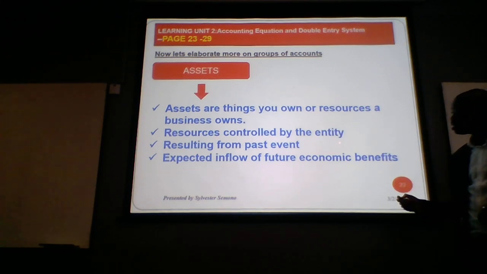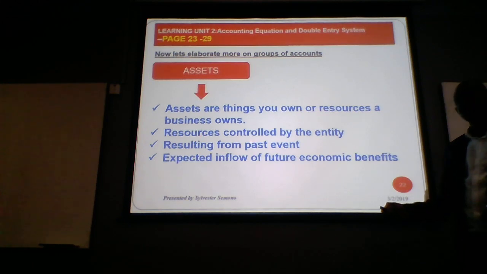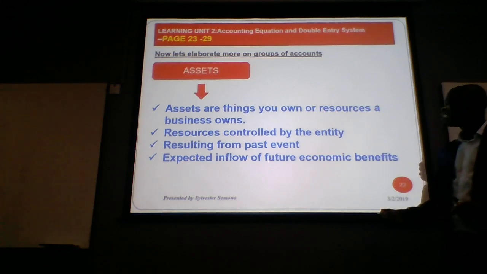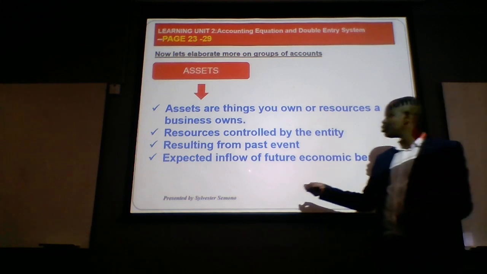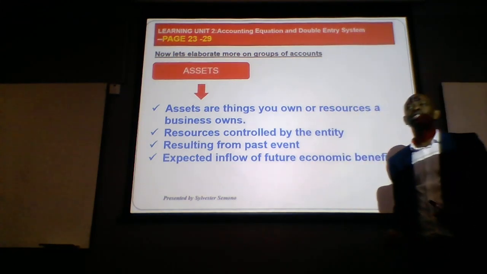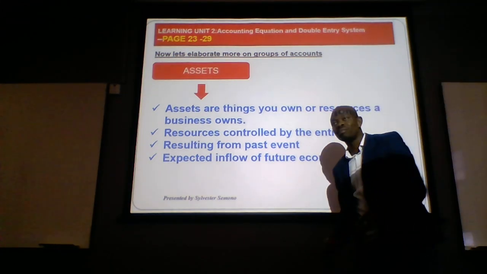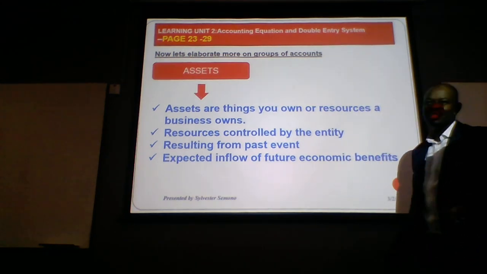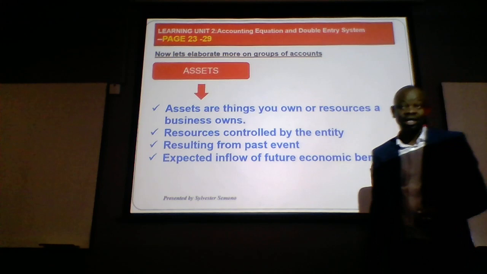Can you see that? Resulting from what? Obviously, you must buy it first before it can become your asset. And expected inflow of future economic benefits. Yes, obviously. Why do you buy buildings? It's because you know that they're going to generate more income in the future. Can you see that? This is just a definition of what an asset is. Okay.